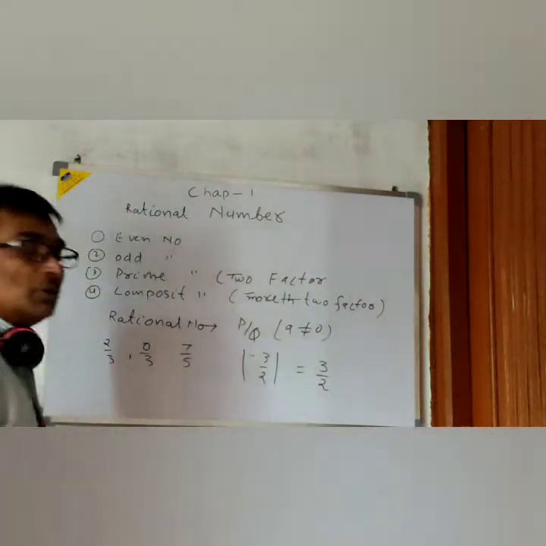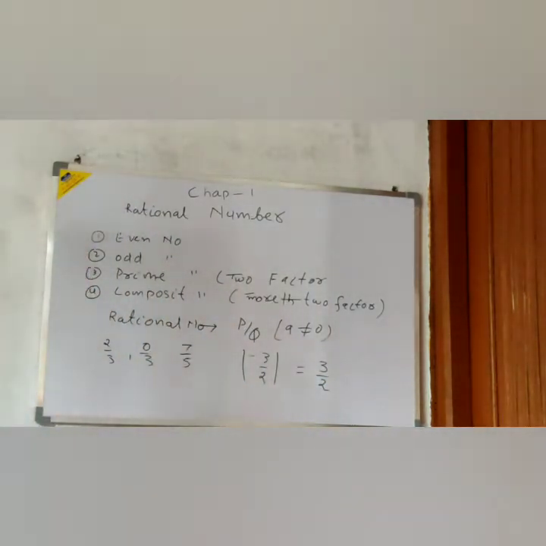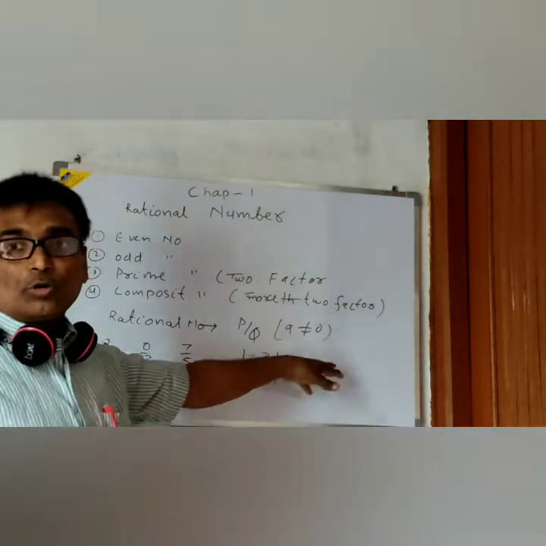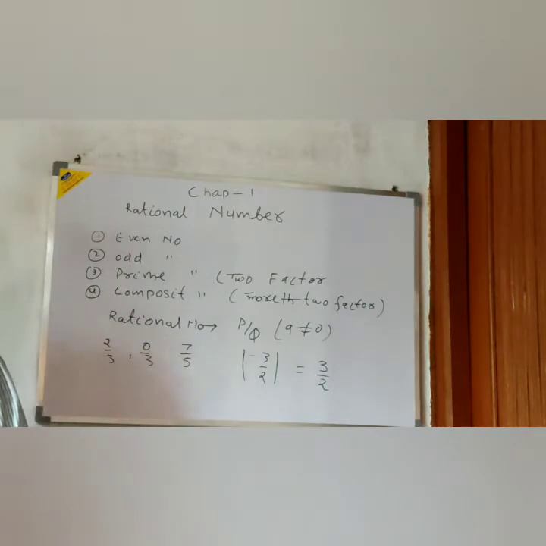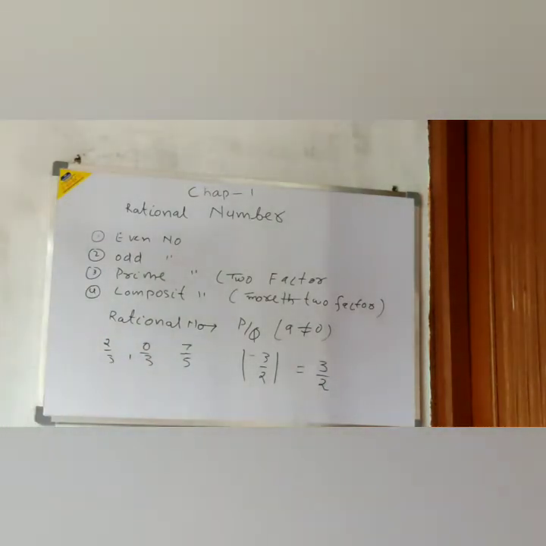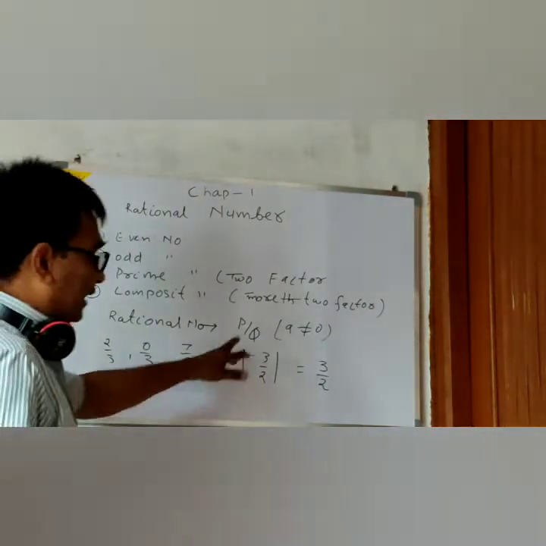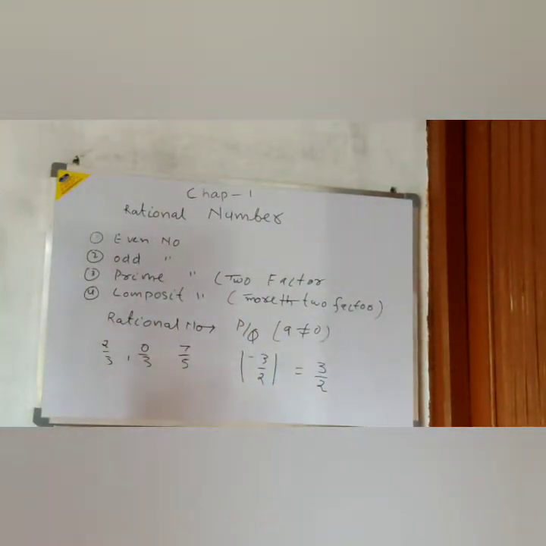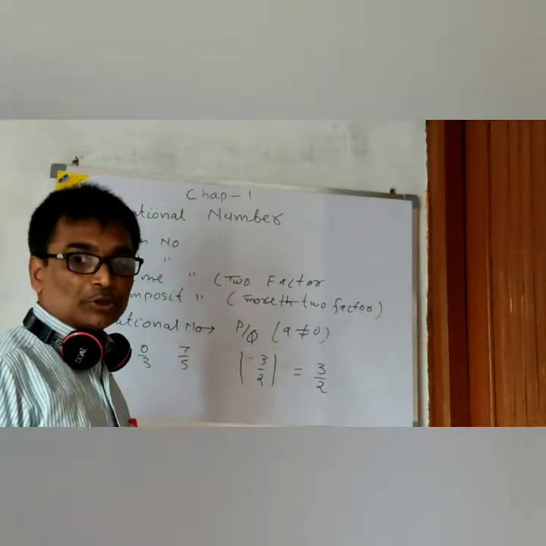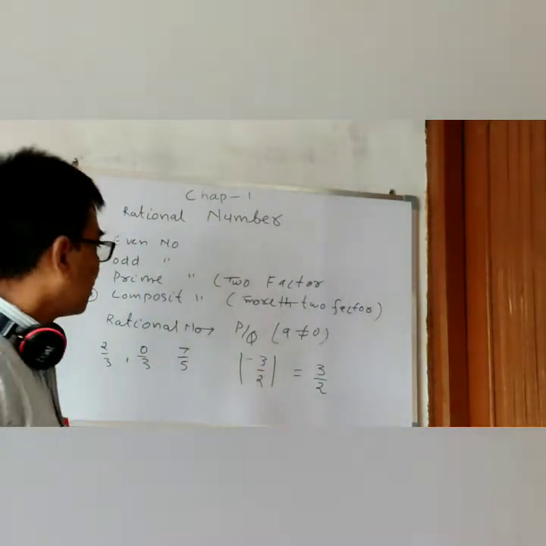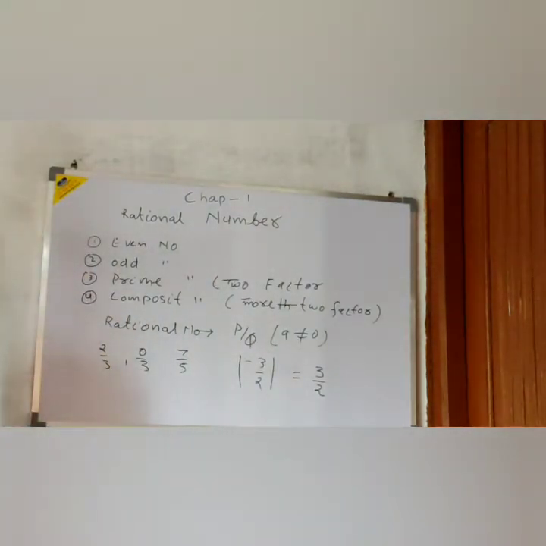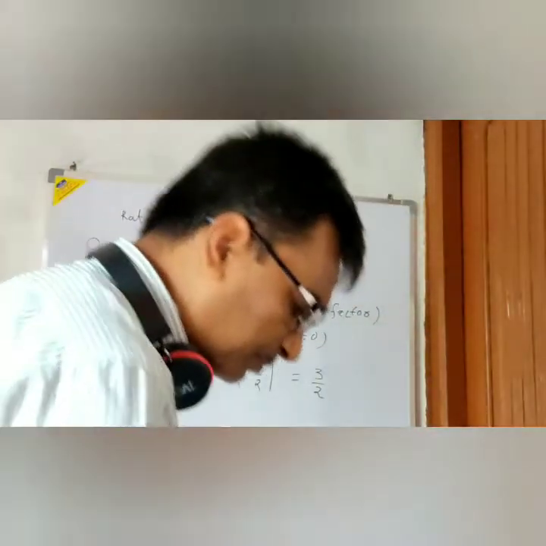So every positive or negative number has a positive absolute value. It means that in absolute value we take only the positive number; either negative or positive, after absolute value it becomes a positive number. Now addition and subtraction, you learn many more facts in this chapter, rational numbers.